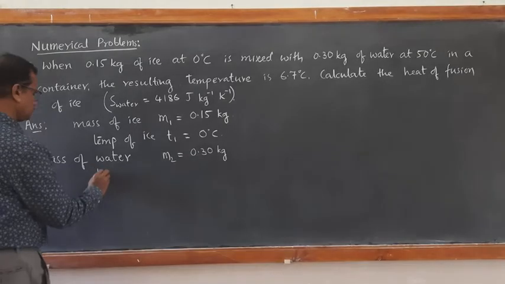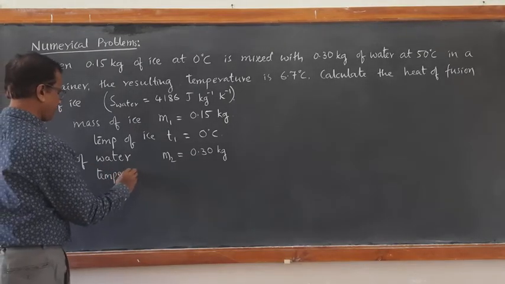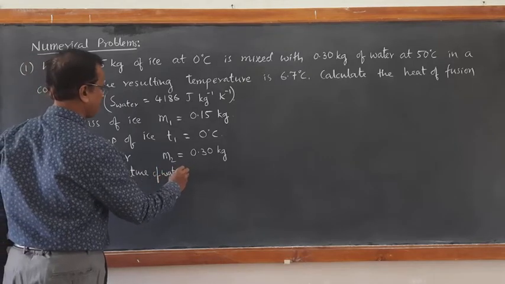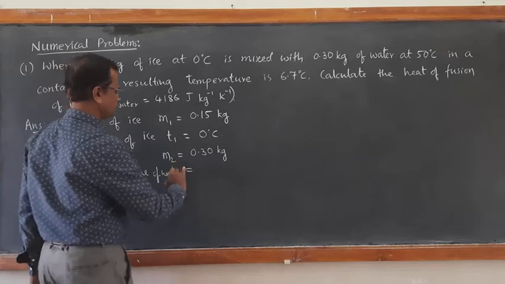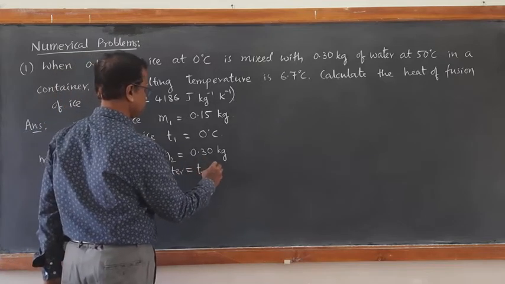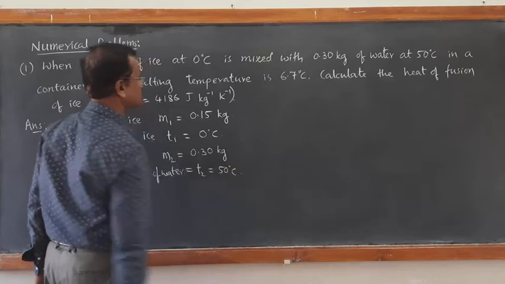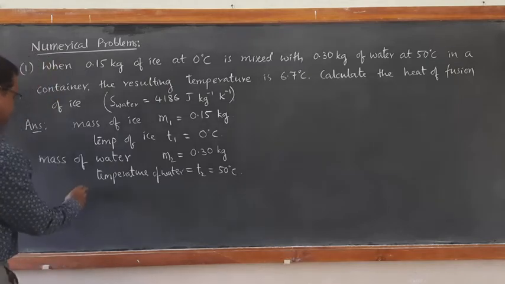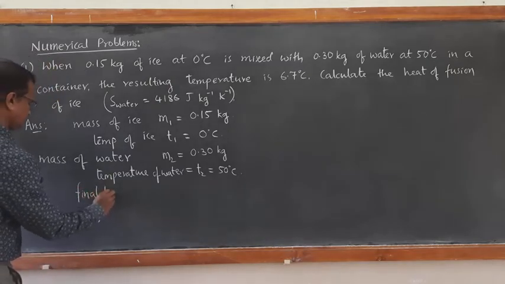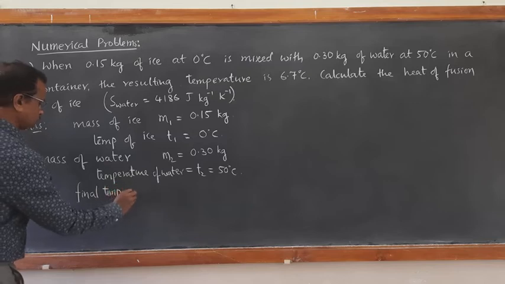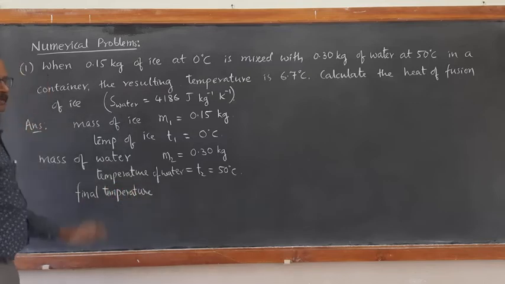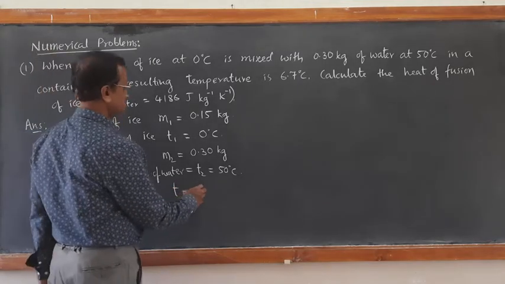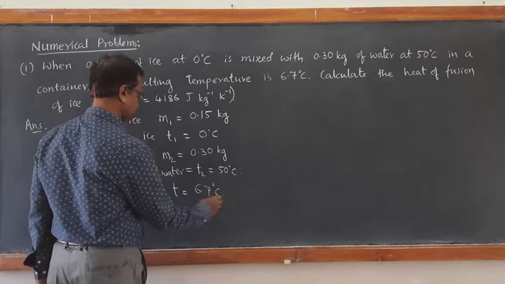Temperature of water, we will call it T2, 50 degrees Celsius. Final temperature, when it is in equilibrium, let us take it as T equal to 6.7 degrees Celsius.